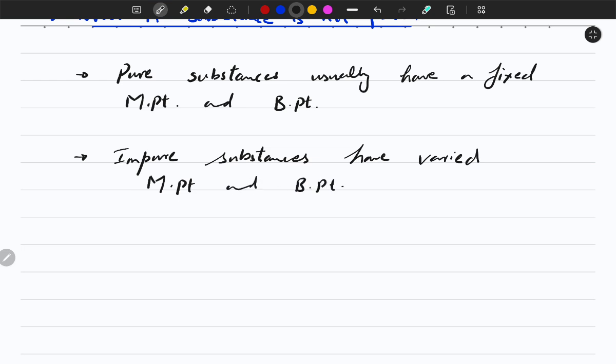Let me give you an example. If you have like 3 glasses filled with water and it's pure water, all of them would have 0 degree Celsius as melting point and 100 degrees Celsius as boiling point.